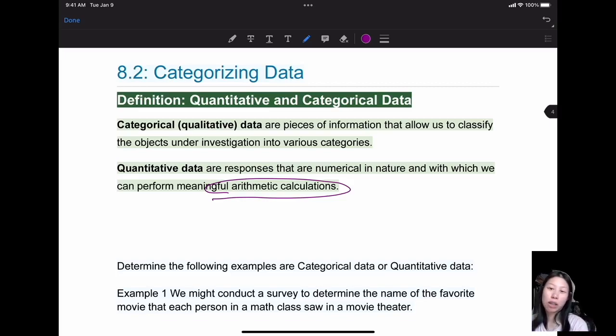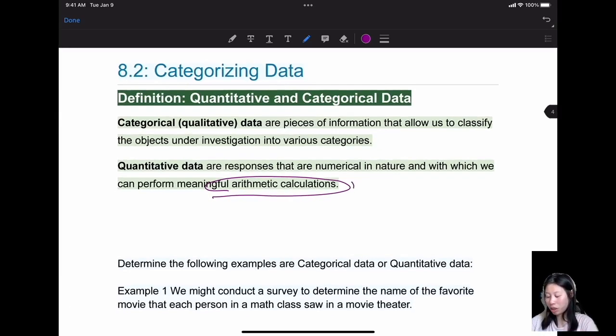For quantitative data, we have such as the height, the average height of students, because you can get an average of it. Let me write this down. Or your weight. Here is race, gender, such as female or male.